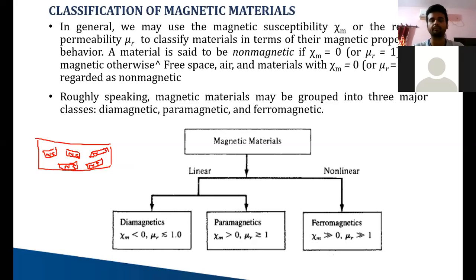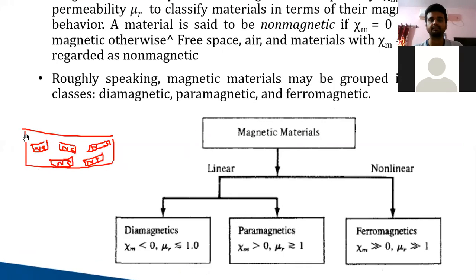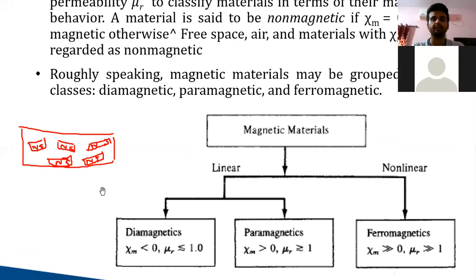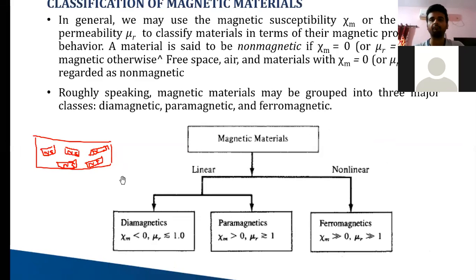Magnetic field should be zero. I told you all the dipole moments must completely cancel each other. If the dipole moments are completely cancelling each other, then there is no magnetic field because of this material. That is an example of perfect diamagnetic material.